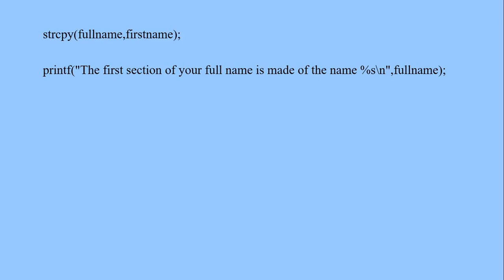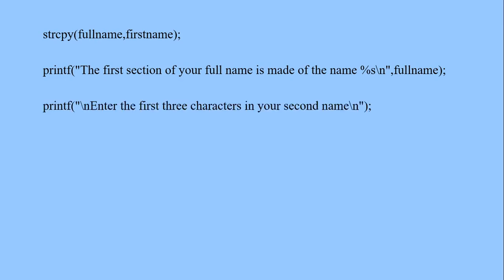And then this message will be printed on the screen: the first section of your full name is made of the name, full name. So whatever is in the memory location called full name will be displayed here, accompanied by the message.